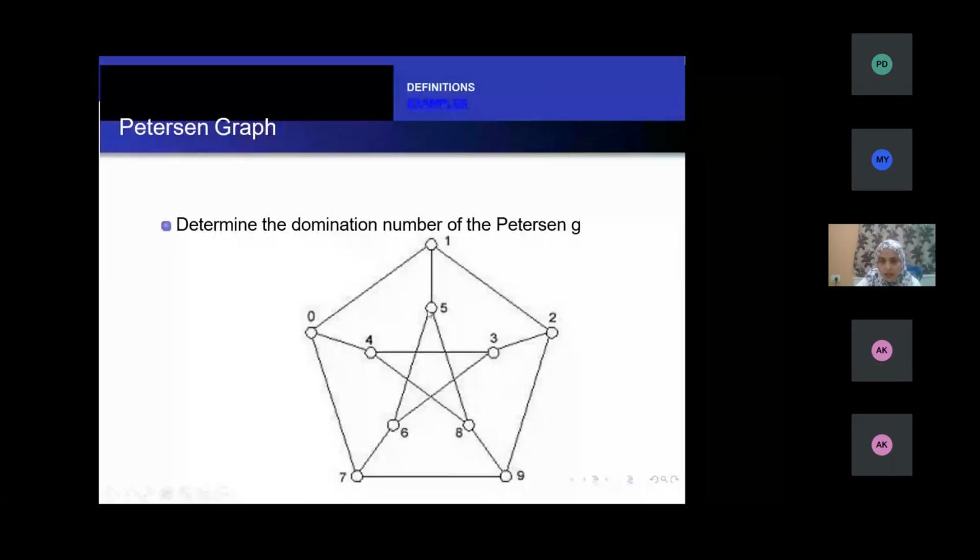So the cardinality of our dominating set is 3. That is 5 is one vertex, 3 is the second vertex, 7 is the third vertex. So the domination number will be 3, and the dominating set will be 5, 3 and 7. Hope you all have understood the concept of domination number.